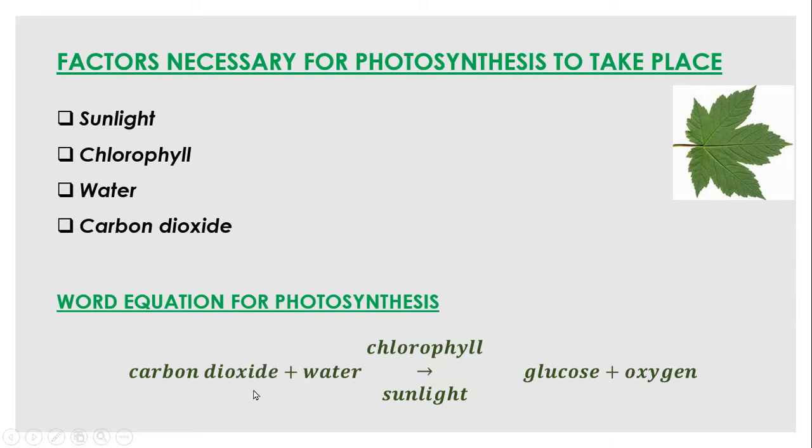These are combined in the presence of chlorophyll and sunlight to produce the first product, the useful product, glucose, and oxygen as a waste product. So this is the word equation for photosynthesis.